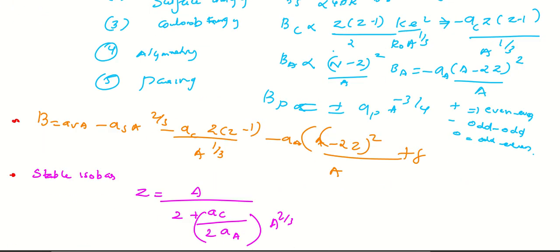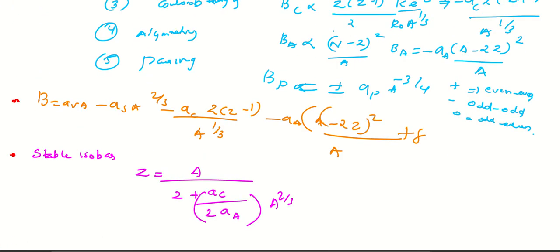For the stable isobar, we have to find the binding energy derivative with respect to Z, and we get the stable isobar formula. Z is equal to A divided by 2 plus Ac divided by 2 into A raised to 2 by 3.